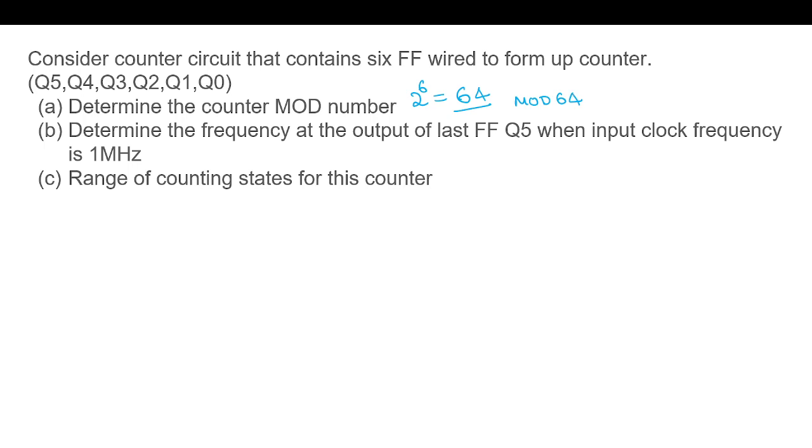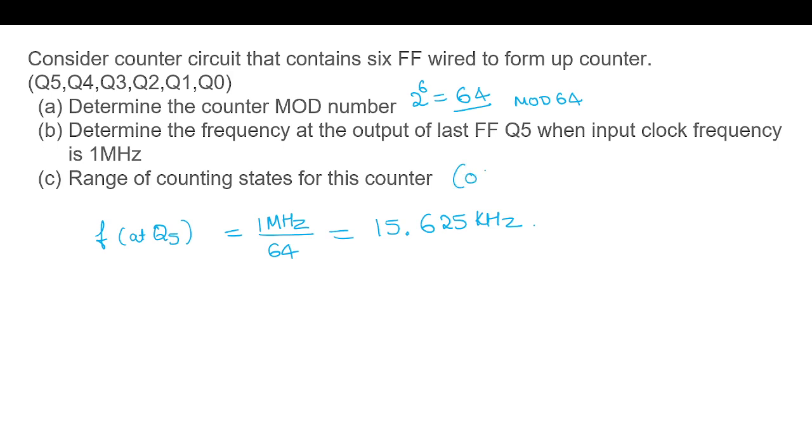Determine the frequency at the output of the last flip-flop Q5, when the input clock frequency is 1 megahertz. The frequency at Q5 is 1 megahertz divided by the mod of the counter, which is 64. This will be around 15.625 kilohertz. What is the range of the counting?